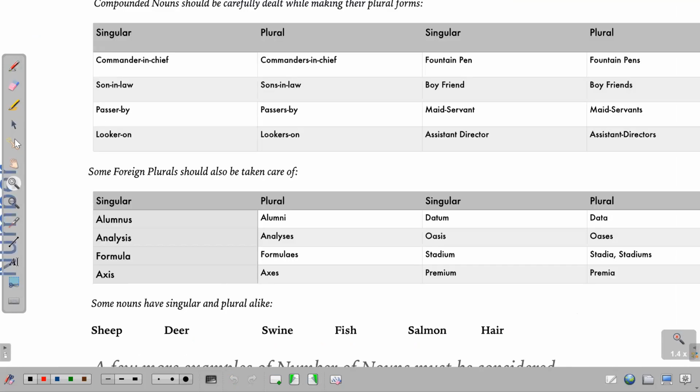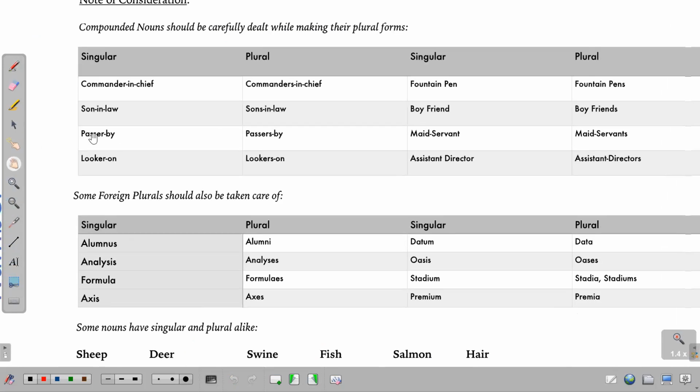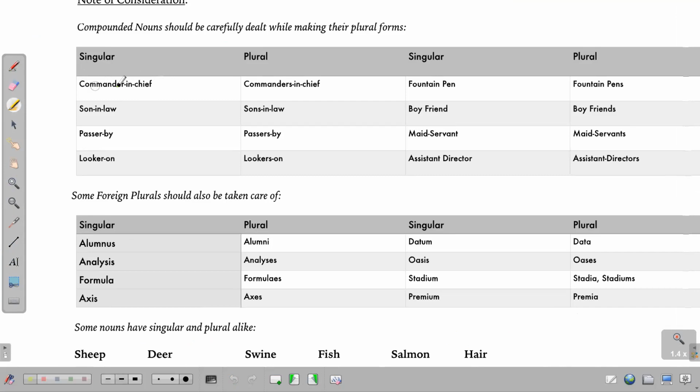In a few compounded nouns, what you should keep in mind is whatever is the main entity. Look at son-in-law: the main noun is son, not in-law. In-law is acting like an attribution, kind of an adjective. What kind of son? The son-in-law. What kind of commander? The commander-in-chief.